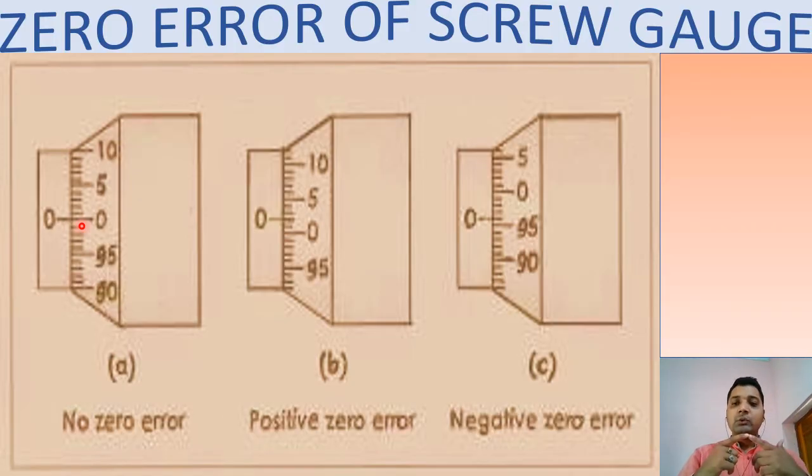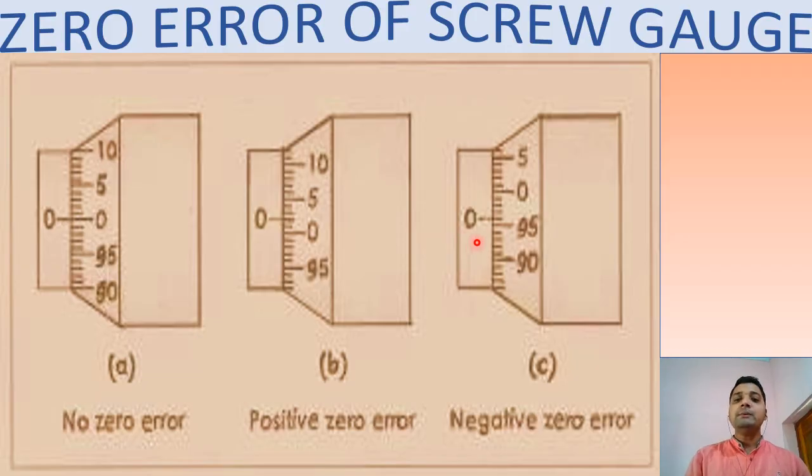But if the zero of the circular scale is not coinciding, either above the baseline or below it, we get two types of zero error. First type: if the zero of the circular head is below the baseline, we call it positive zero error. The zero mark is not coinciding, and some other line, like 1, 2, 3, 4, coincides; then it is called positive zero error.